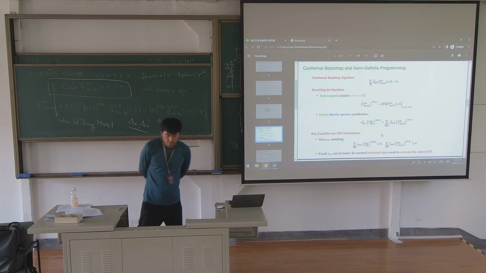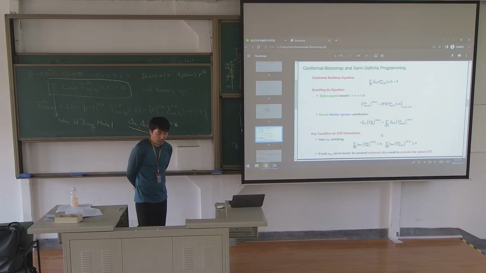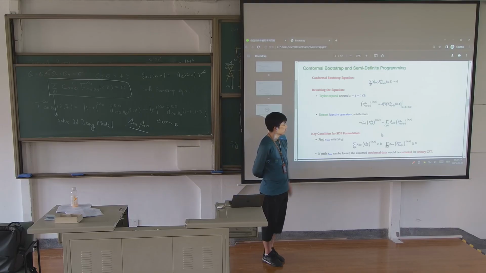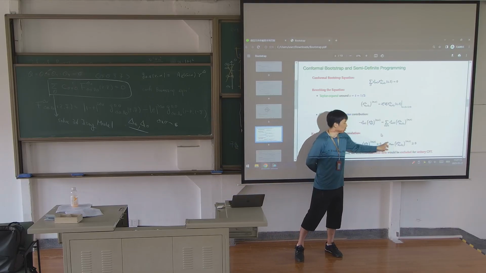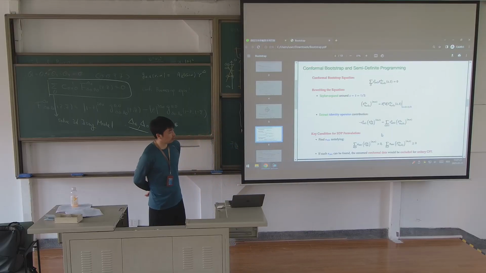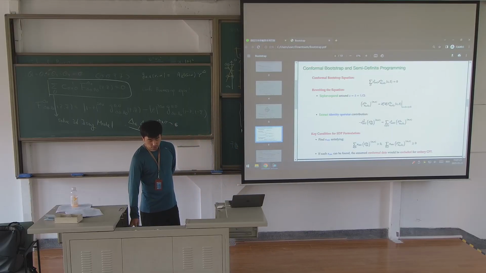Okay, and suppose there is some alpha mn which satisfies these two conditions. Then you cannot solve this conformal bootstrap equation.